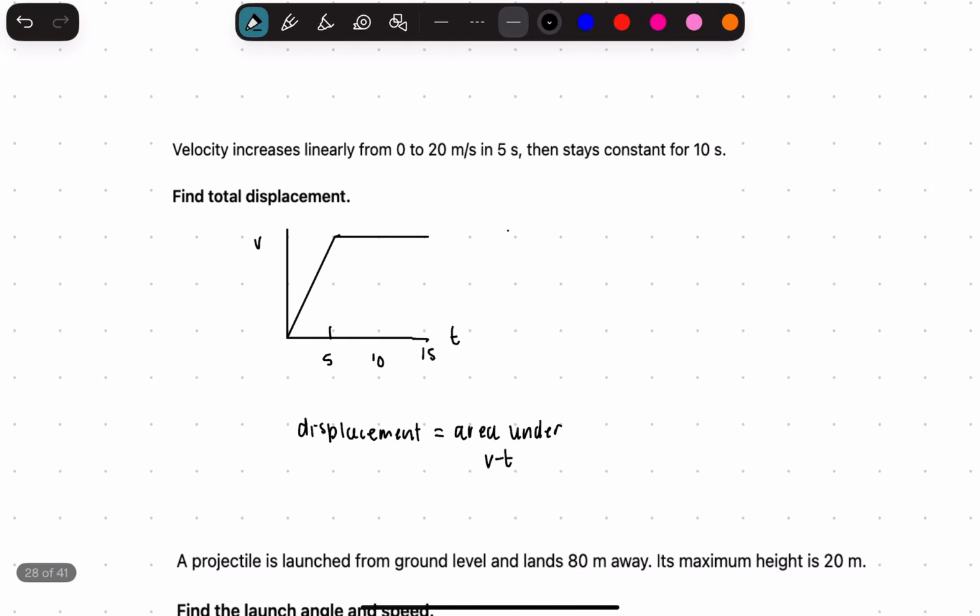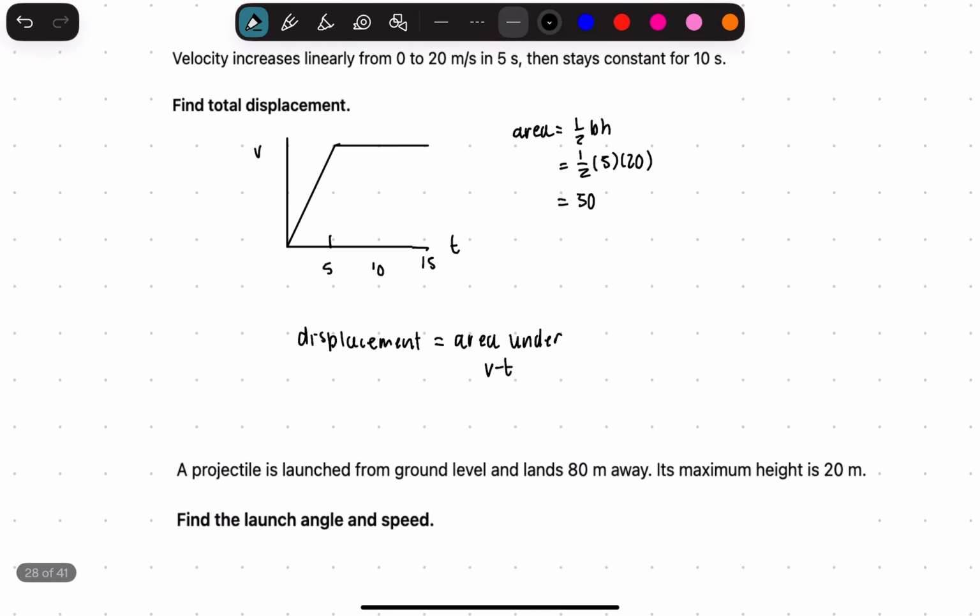So that is going to be a triangle. The area is going to equal 1/2 times base times height. That's 1/2 times 5 times 20, which equals 50. Now for the rectangle, we have base times height, which is 10 times 20, equal to 200. Now our sum of this, 200 plus 50, is 250 for the total displacement.